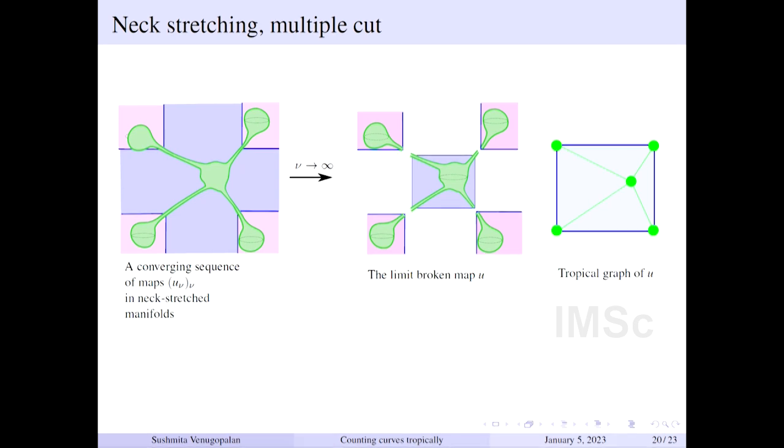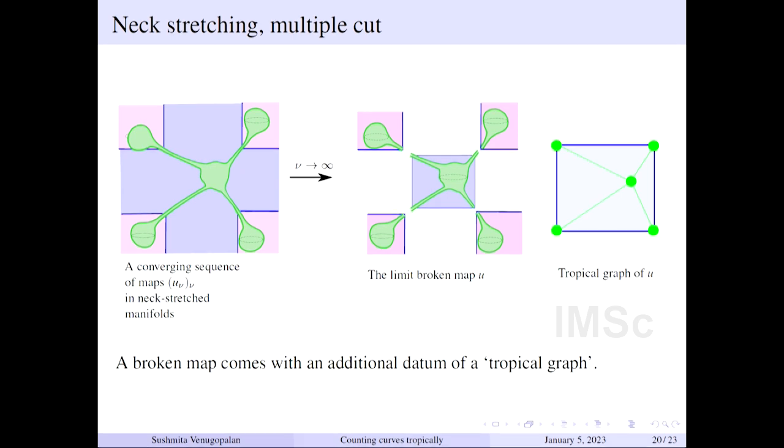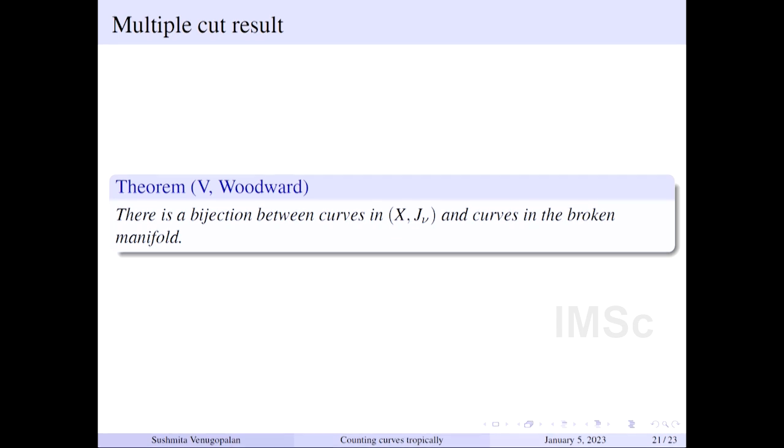We have a vertex corresponding to each of the curve components, and they are connected by lines with rational slope. So a broken map comes with additional data of a tropical graph. One of the main technical results of our paper is that you can go back and forth in the multiple cut situation also: there is a bijection between curves in neck stretched manifolds and curves in the broken manifold.